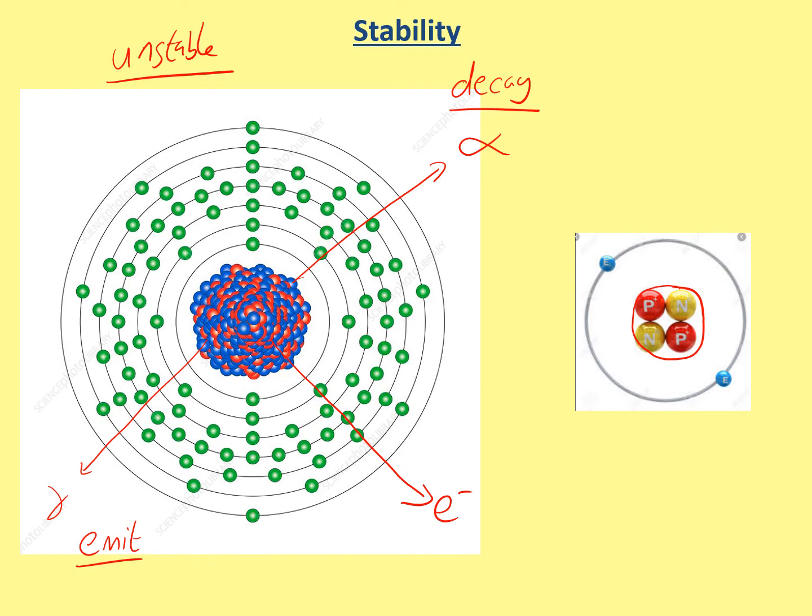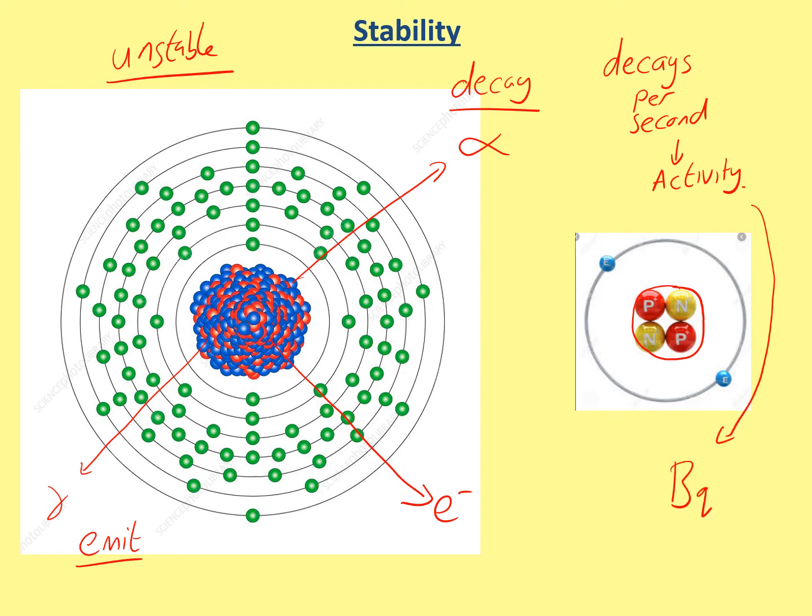Now, the next thing we need to talk about is once there's been a decay, it's quite useful to measure the amount of decays per second. And this is called activity. So the amount of decays per second, say it was giving off 2 alpha particles every second, 2, another 2, another 2. We call that the activity. And the activity is measured in becquerels, capital B, little q.